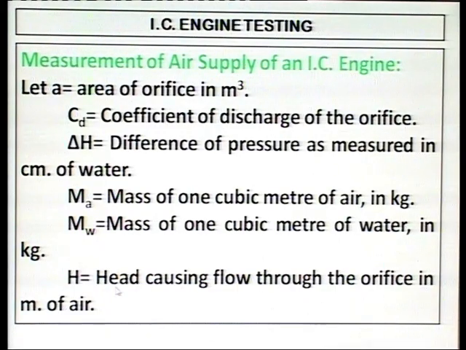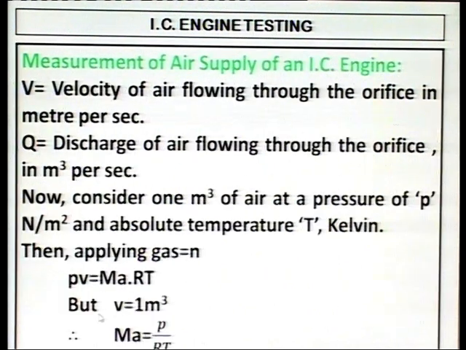H is equal to head causing flow through the orifice in meter of air. Let V is equal to velocity of air flowing through the orifice in meter per second. Q is equal to discharge of air flowing through the orifice in meter cube per second.